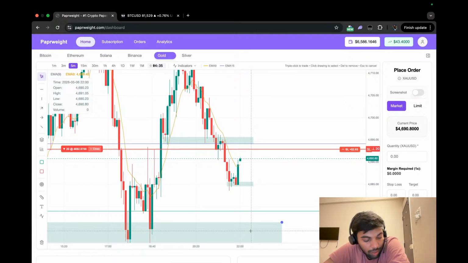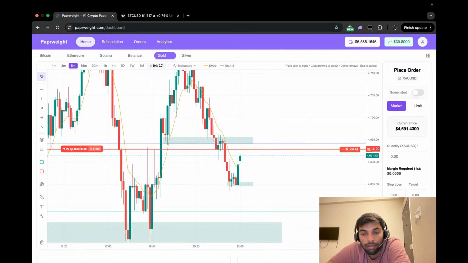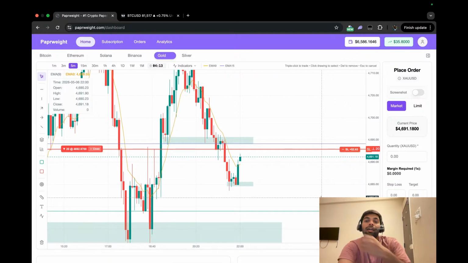Like me, there are so many sellers whose stop loss is in that area, and it's trying to reach that area. See, this is complete reversal, guys, and you can't help it. Can't help it, guys.